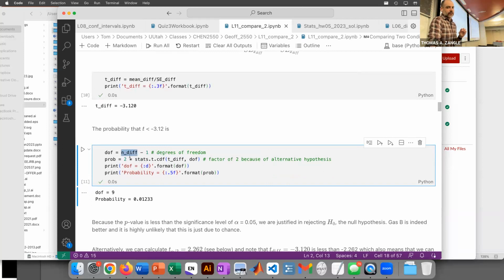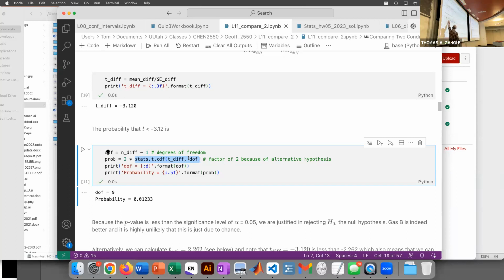So using that degrees of freedom and the t-distribution, we can then compute, using our NumPy functions, the probability that we have a difference between the two means that is at least as large as what we observed, that 3.12.